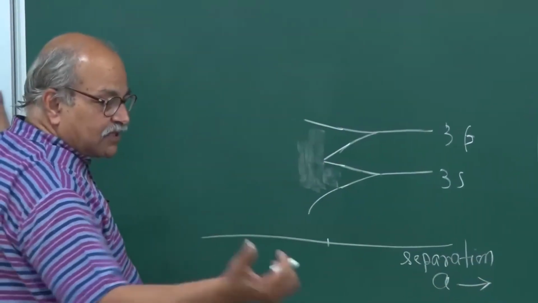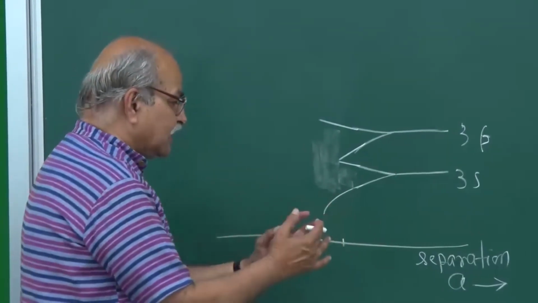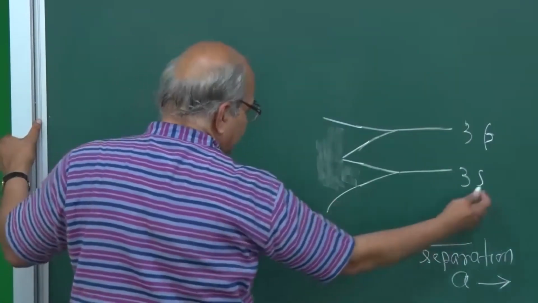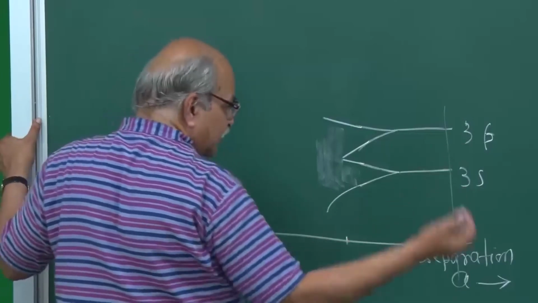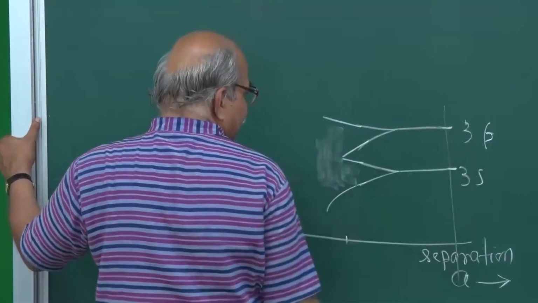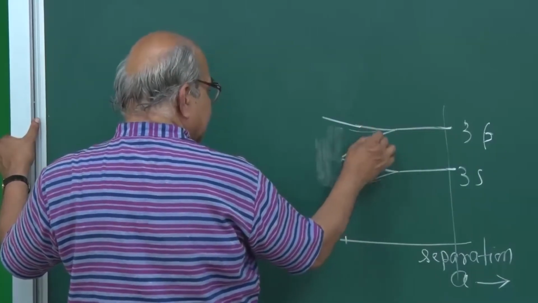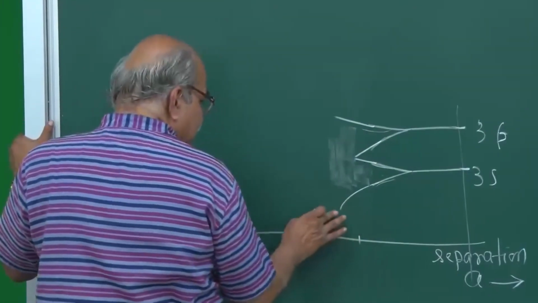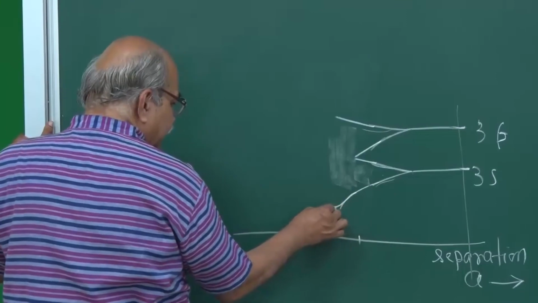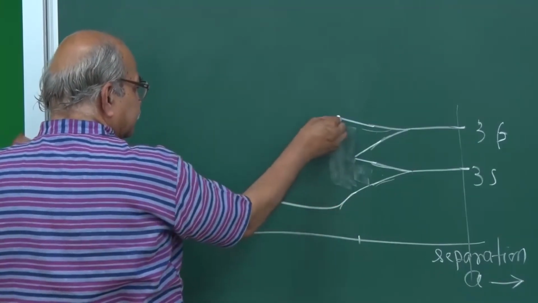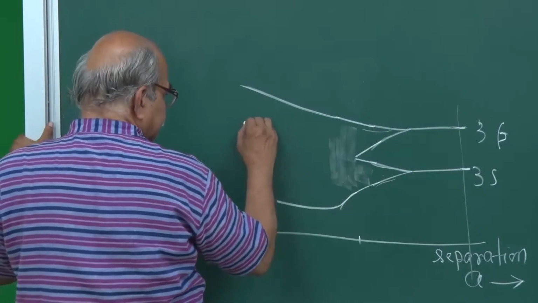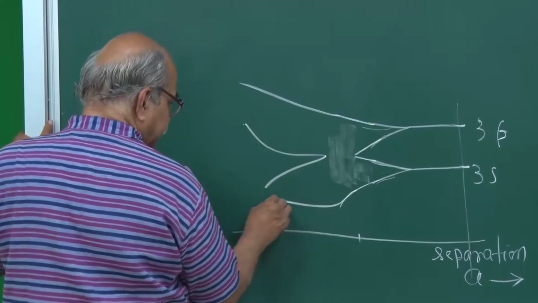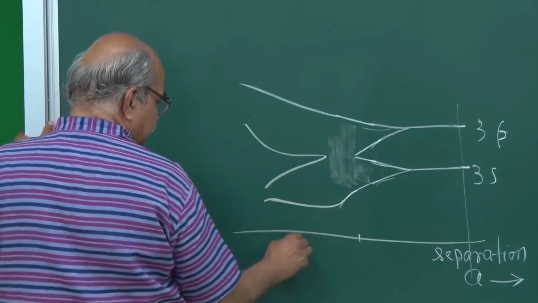You can take lattice parameter A as the measure of average separation between consecutive or neighbor silicons. So if large separation, it's vapor, non-interacting, it is 3s 3p. Then here this is the 3s band, this is the 3p band, broadened but still 3s 3p. After that it gets mixed up, and once it is like this, then further if you reduce the separation, it goes like this, something of this sort. Okay, and the actual separation may be somewhere here.